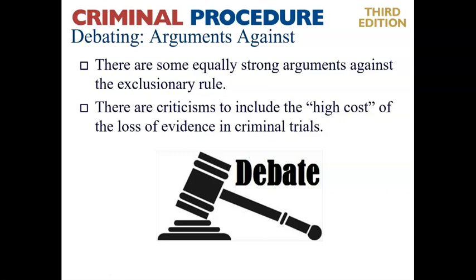One is the high cost of the loss of evidence at criminal trials, which reduces rather than enhances the respect for the criminal justice system. And again, you don't have to agree with these. These are just arguments against. So let's look at some of the main arguments.